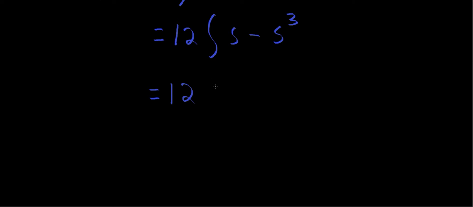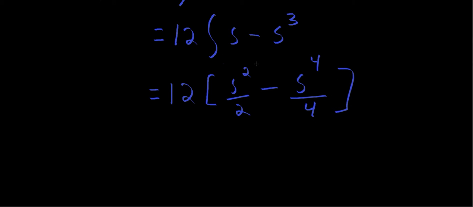We don't need our integral sign anymore. S goes to s squared over 2, and s cubed goes to s to the 4 over 4, adding 1 to each exponent.